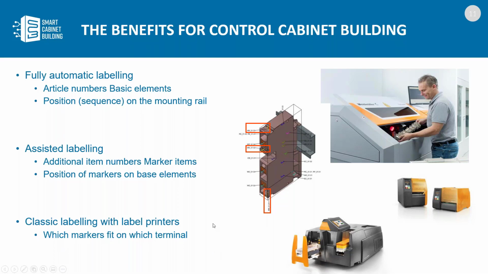And if you do it with such printers, this is a very common use case, then it helps a lot if your base element, so your contactor or your terminals or something else, has a list of available or suitable markers, with a definition of which is the most suitable, or my favorite.